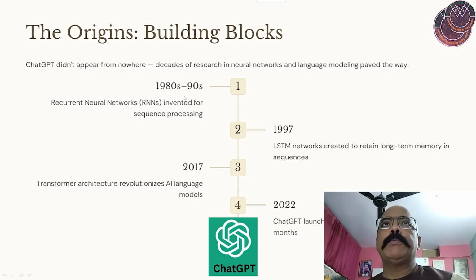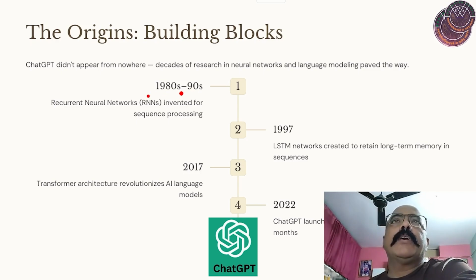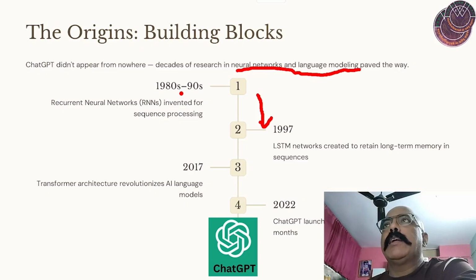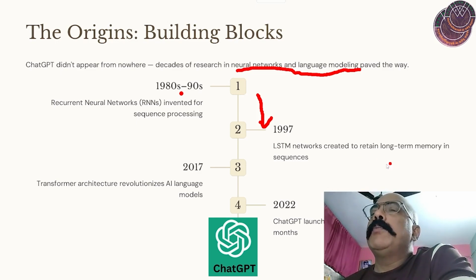If you see the evolution of ChatGPT, what is the history of ChatGPT, you can see that in the 1980s and 90s, recurrent neural networks were made, and then we progressed towards large neural networks, the networks which are capable of retaining long-term and short-term memory.